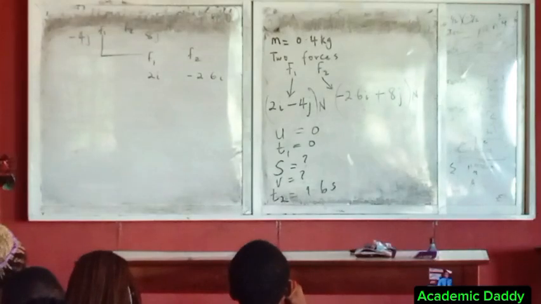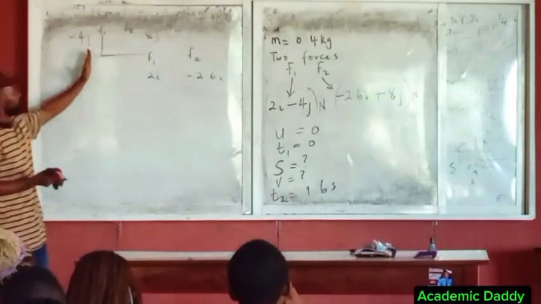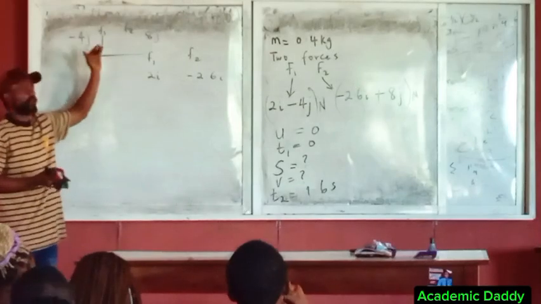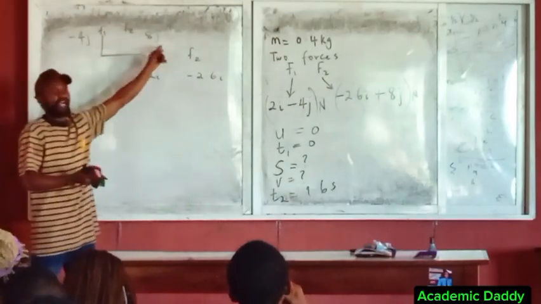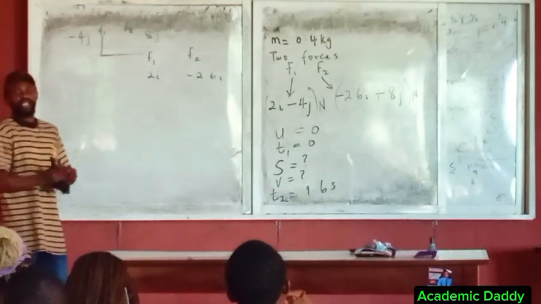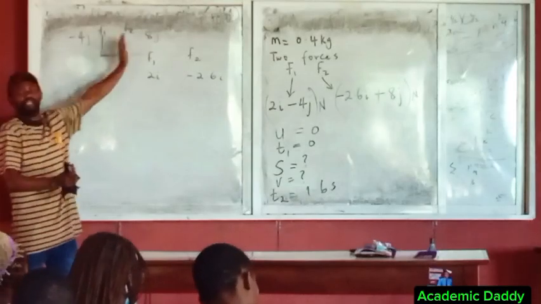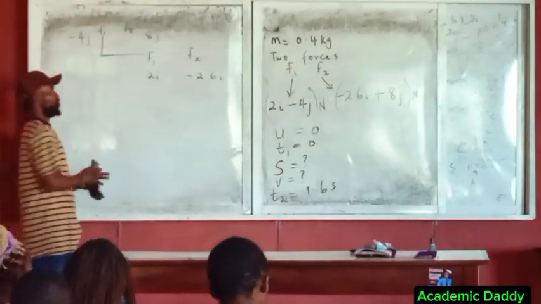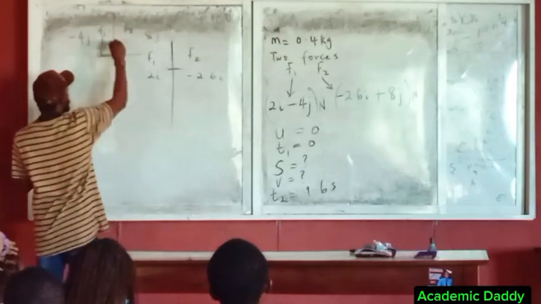So what I have to do is simply, since the forces are in different components, I will add up the forces on the y-axis and the forces on the x-axis, so that I get the total force on the x-axis and the total force on the y-axis. Alright, so please, try to sum this up for me.